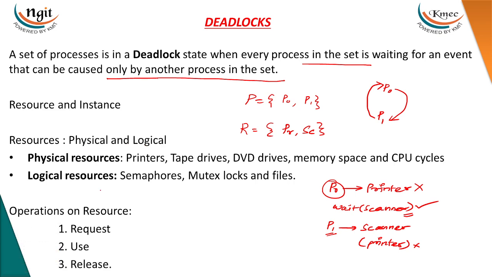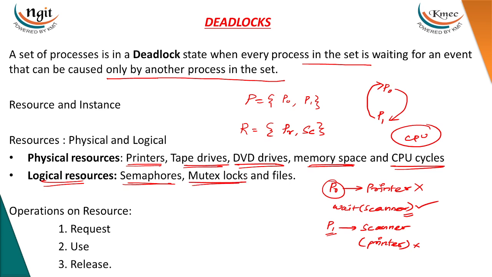Physical resources are printers, tape drives, DVD drives, memory space, that is RAM and ROM, and CPU cycles, that is the CPU. Logical resources are semaphores, that is binary semaphores, counting semaphores, and mutex locks, and files, the files that we store on the hard disk or hard drives, DVD drives, etc.